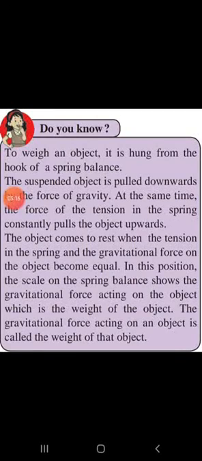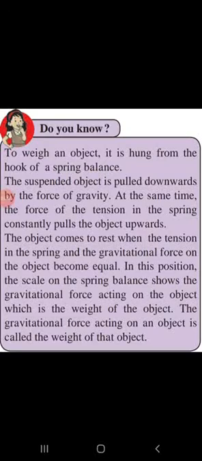Now, we will try to learn about the spring balance, which works on the principle of gravitation. To weigh an object, it is hung from the hook of the spring balance. The suspended object is pulled downwards by the force of gravity. At the same time, the force of tension in the spring constantly pulls the object upwards.